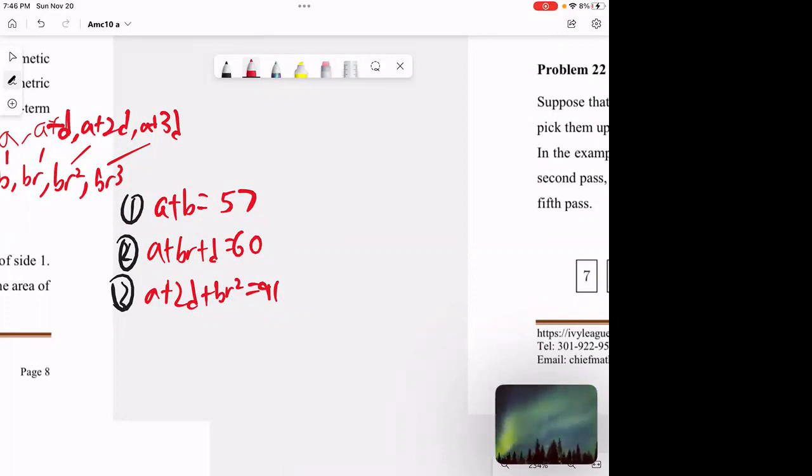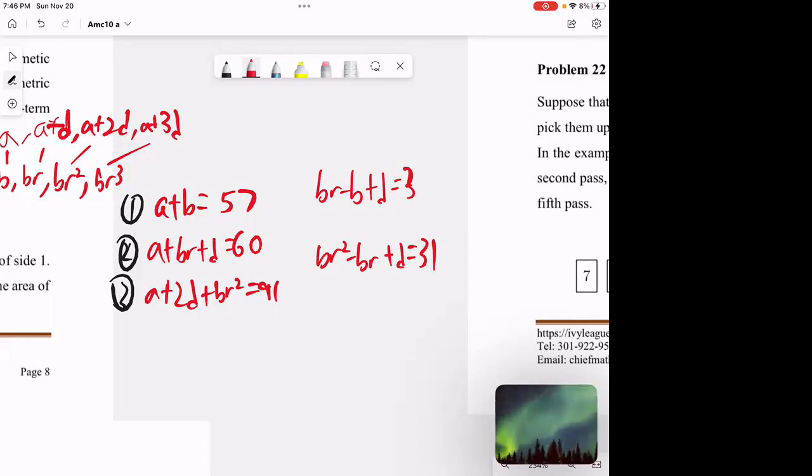So BR minus B plus D equals 3. And then subtracting 2 from 3 gives us BR squared minus BR plus D equals 31.